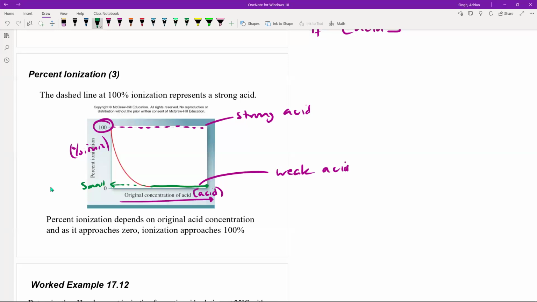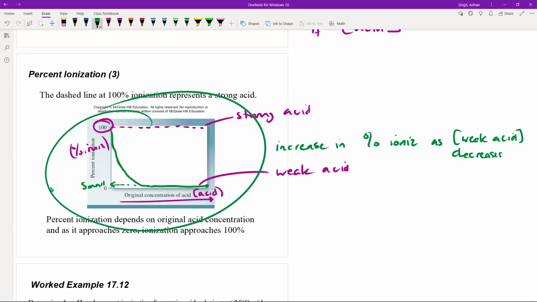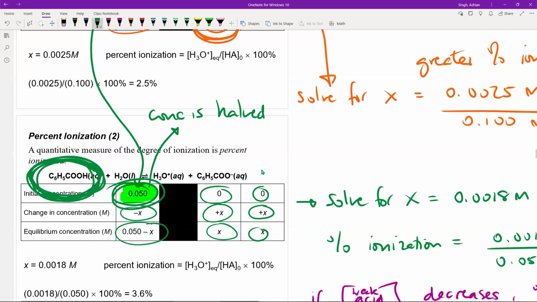However, as we decrease the original concentration of the weak acid even more, we find that the percent ionization tends to increase. So there's an increase in percent ionization as the concentration of the weak acid decreases. We can see that graphically here. We would collect a bunch of data, do the calculation, plot them on a graph, or you can see that in the examples that we did previously.